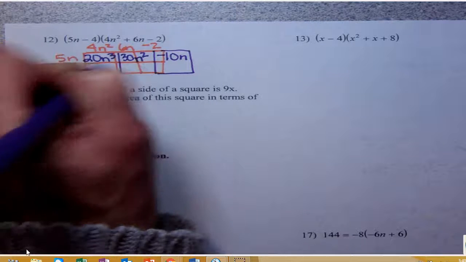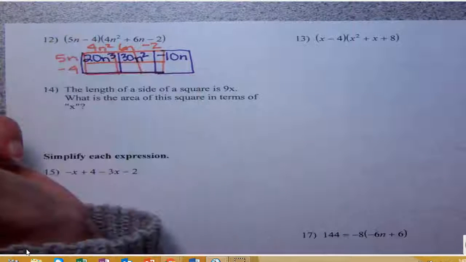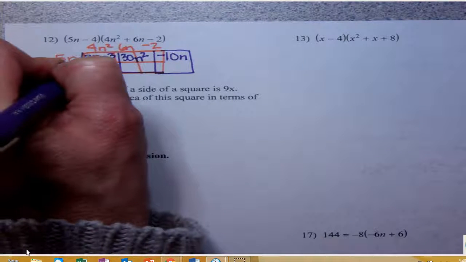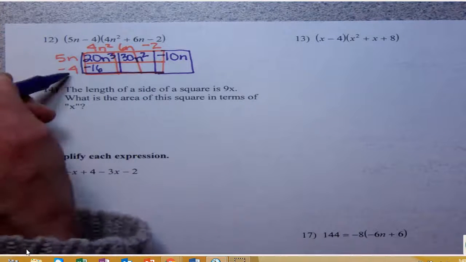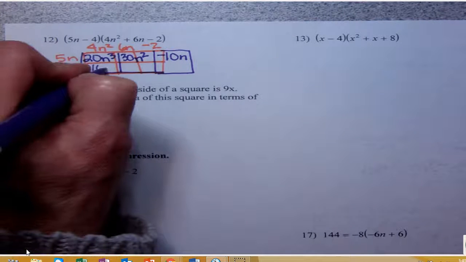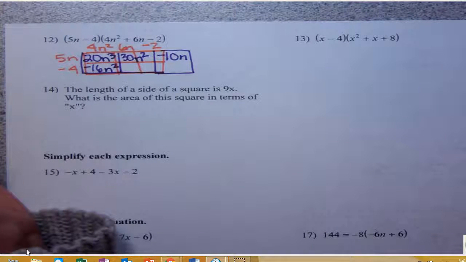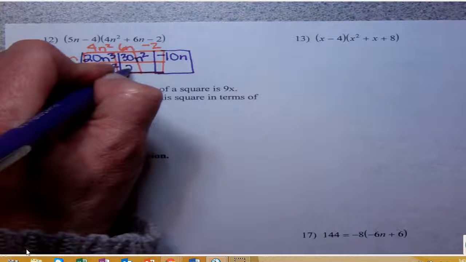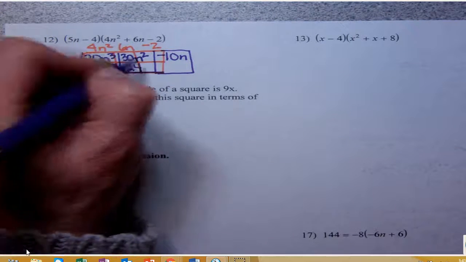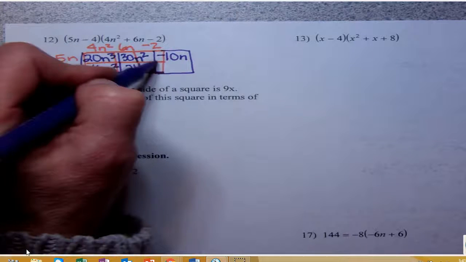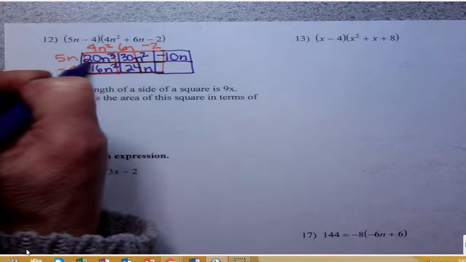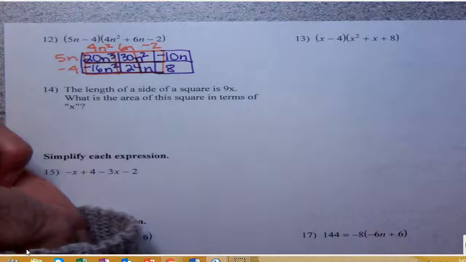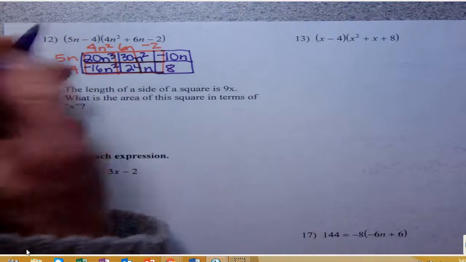There we go. Sorry. Then we've got 4 times negative 4, and that's negative 16. I don't have an n, so n squared is being basically multiplied by 1, so I just bring that in here. 6n times negative 4 is 24n. And negative 2 times negative 4 is going to give me positive 8, because negative times negative is a positive.